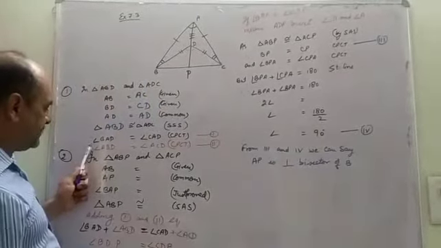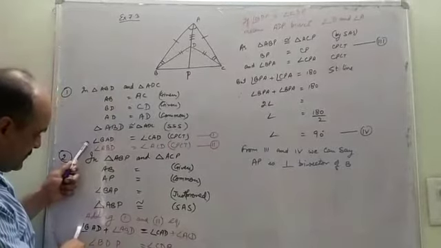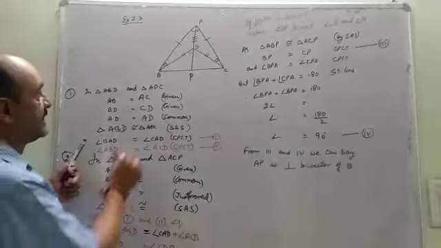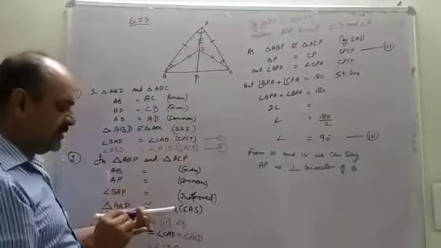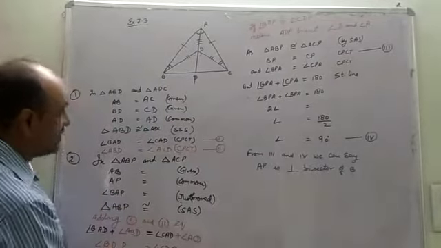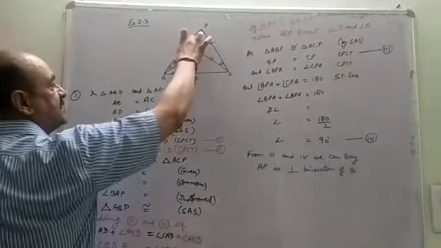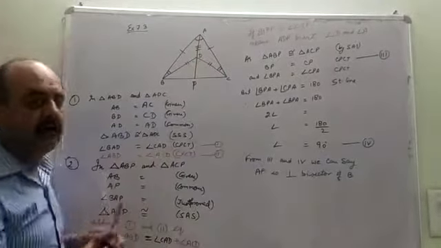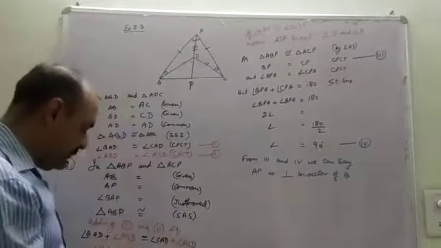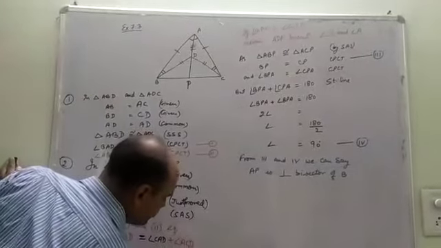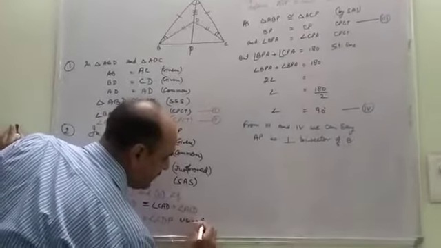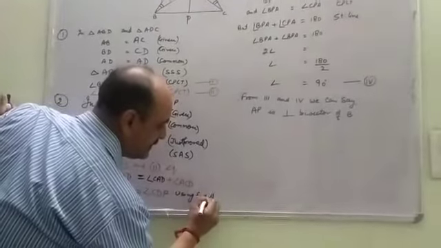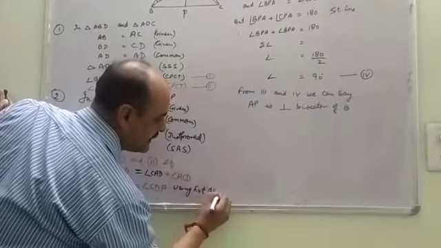If I add these two, I can get red one is equal to red one, which is BAD. This plus this is equal to this, this plus this is equal to this. I hope we can apply the exterior angle sum property.